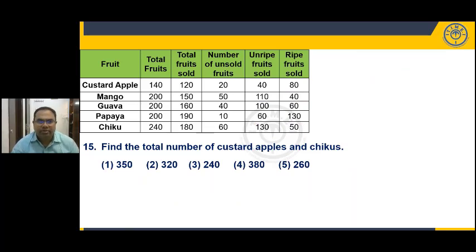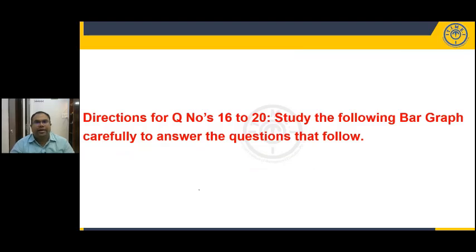Easy question. Total number of custard apples and chikus 140, 240, 38. See the set solve. Very good. The set solving, analyzing, getting the data takes time. Questions won't take much of your time. Right. All of you go through this data, bar graph.